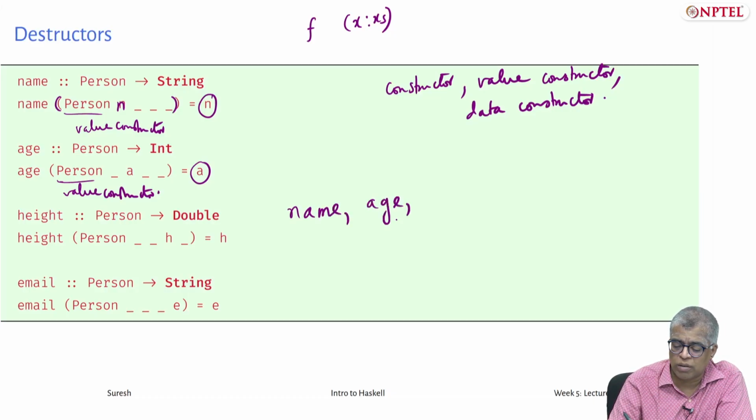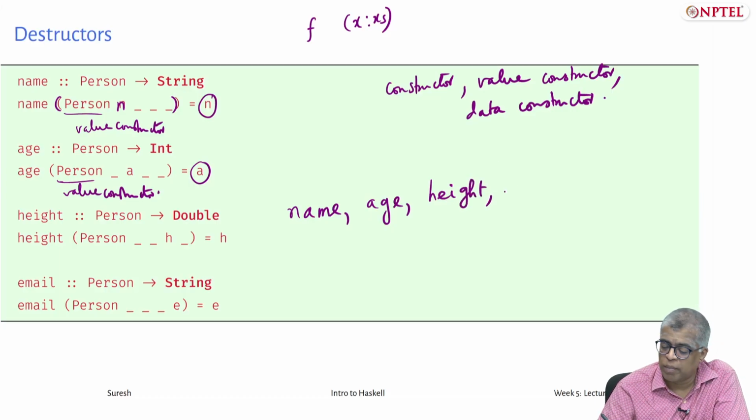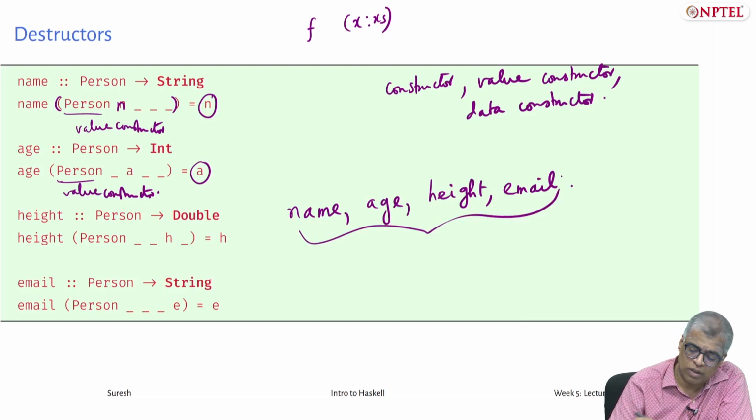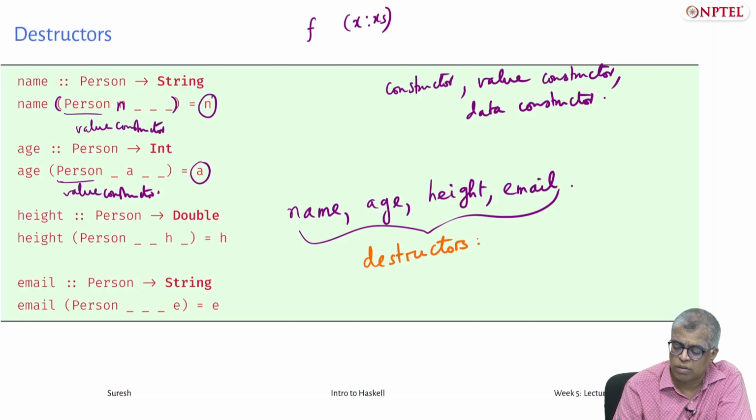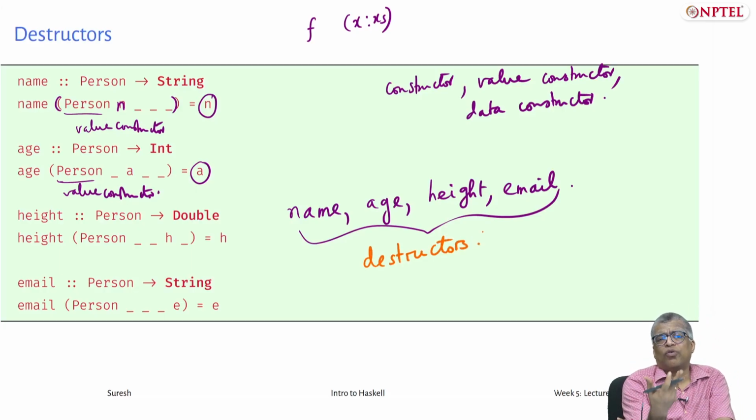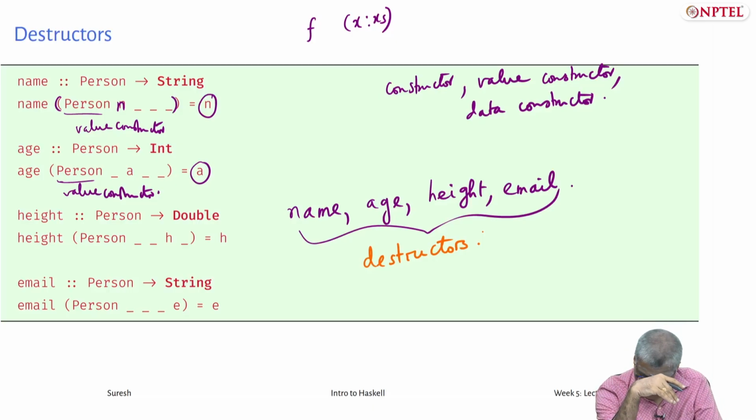So name, age, height, email. These are all called destructors. They take the value of a particular user defined type, typically when it is a record type, and return the various parameters in the value, the various parameters used in constructing the value.